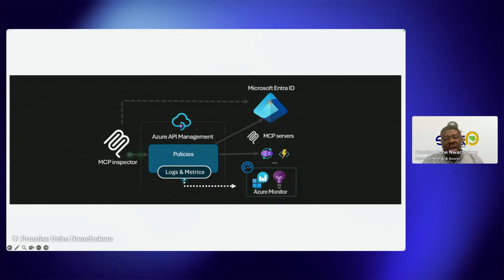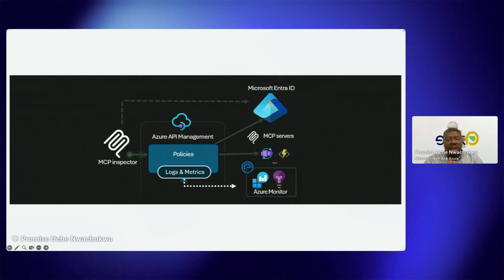That's what the Entra ID is here for. You see, there's a communication with the Entra ID. Once access is granted, the user is then able to communicate through the AI gateway to the MCP servers. Now, the function app here generally just holds the necessary tools, right?